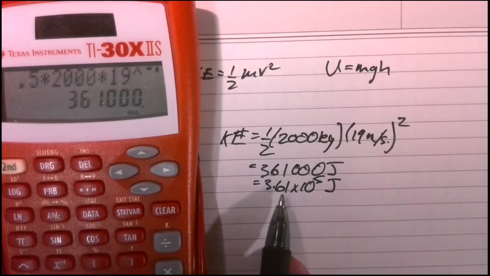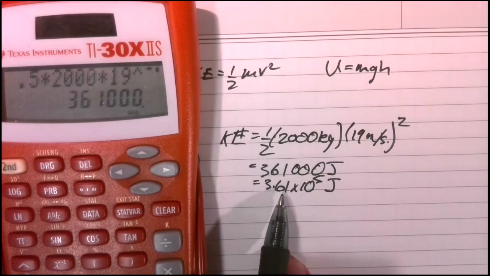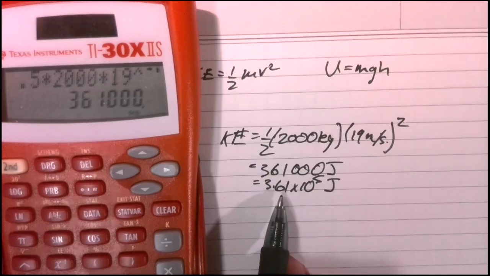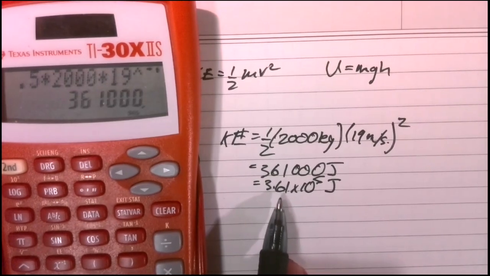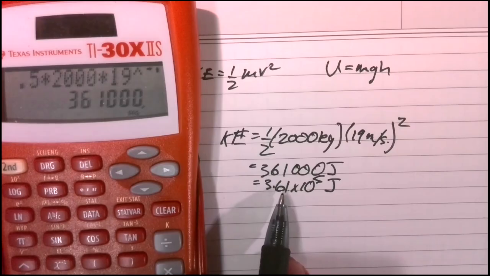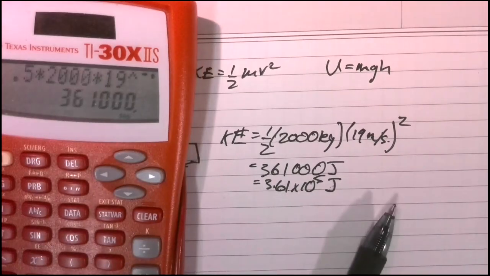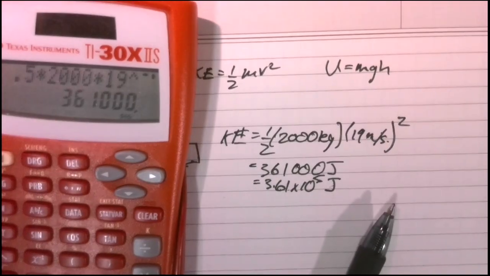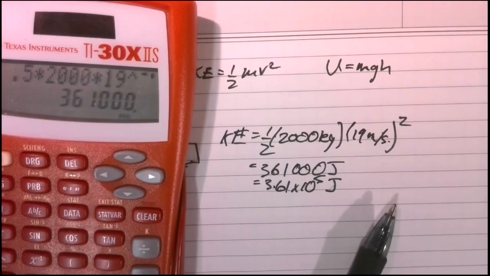Now, this was only 30% of the total energy. So let's do some cross multiplying here. Now we need to find the total amount. If this is 30%, then the question is, what was the total energy that we needed for this?